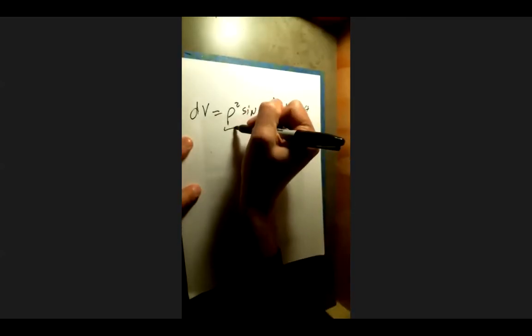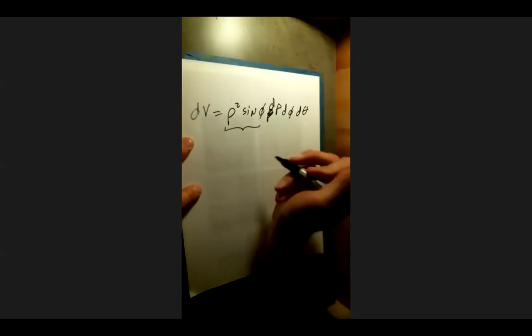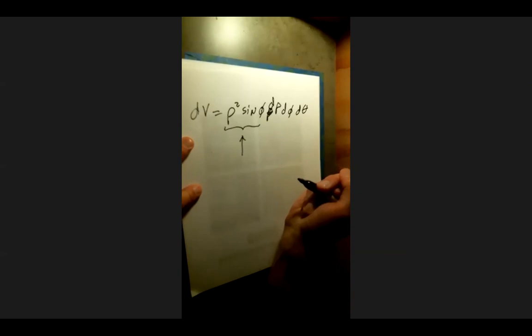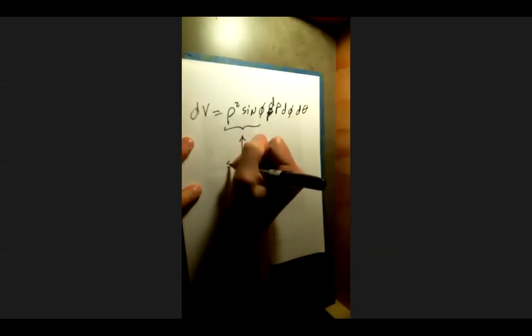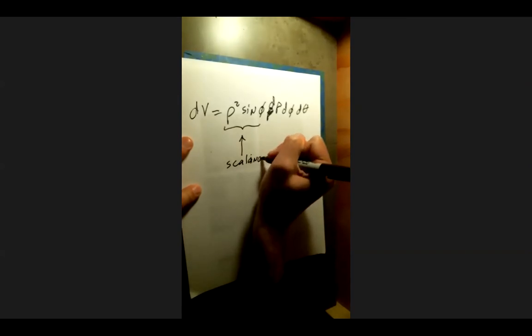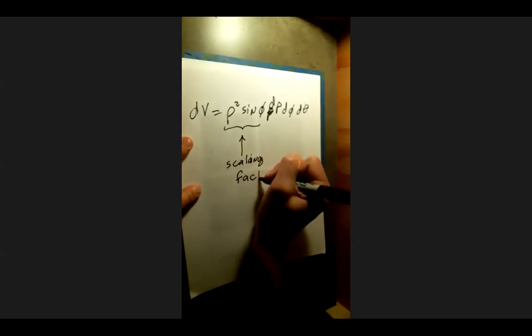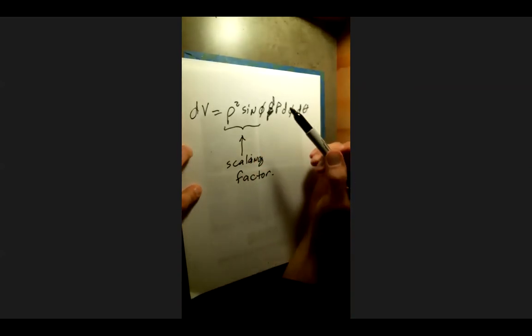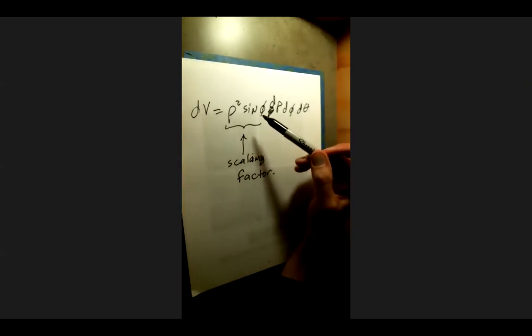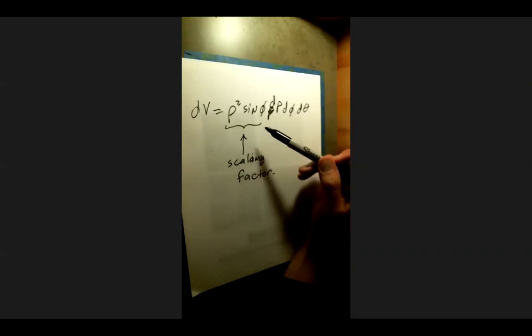And this whole thing here, this rho squared sine phi, that's the thing that we're calling the scaling factor, exactly. It should make sense that we need some sort of scaling factor, because where we are on the cantaloupe and how far out we are is going to impact the size of that chunk.